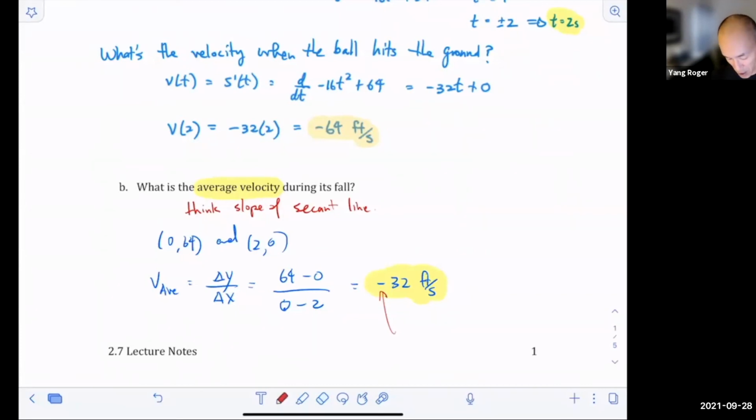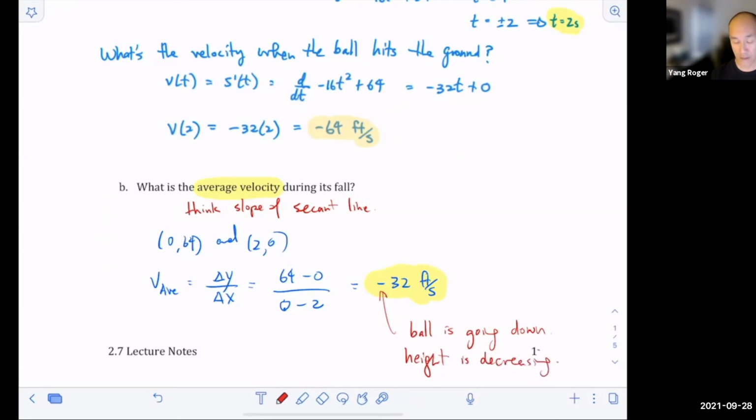I think that means the ball is going down. In other words, its height is decreasing. I hope that's obvious. Okay. Any questions about this? No.